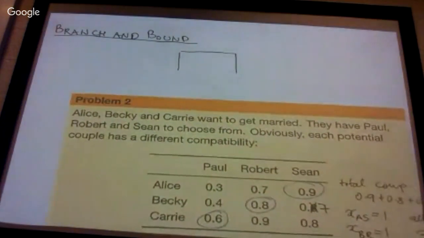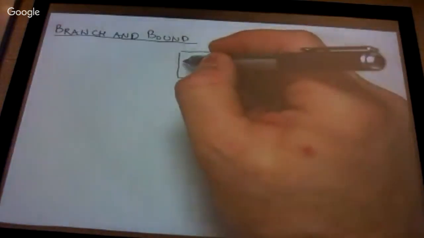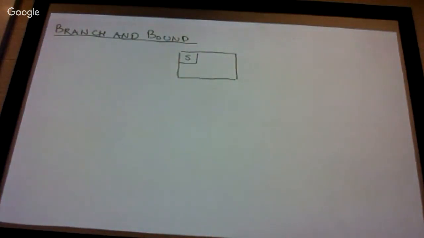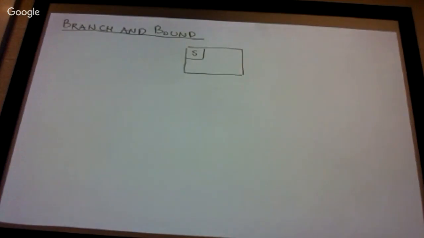At the beginning we don't have any extra constraints, so this is our problem. I'll call it S, and we don't know what its optimal solution is. We just have all the constraints of the problem in here.